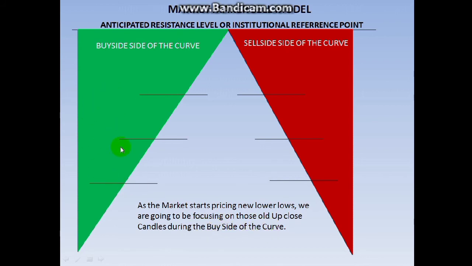In other words, as price started going up, those up close candles, those last bullish candles before the down move, before the short term decline in price, price is going to make reference to them. So that is what price is going to reclaim.